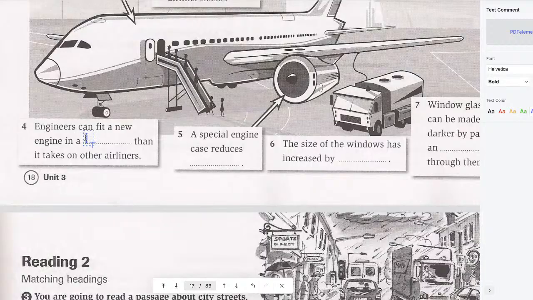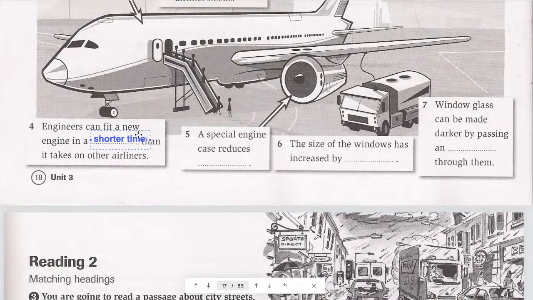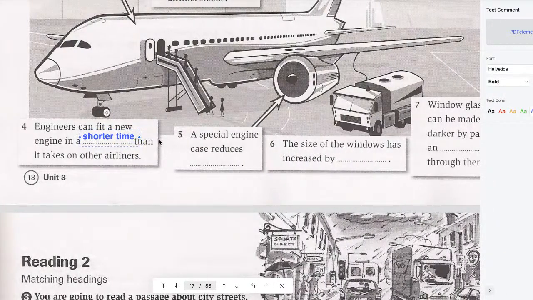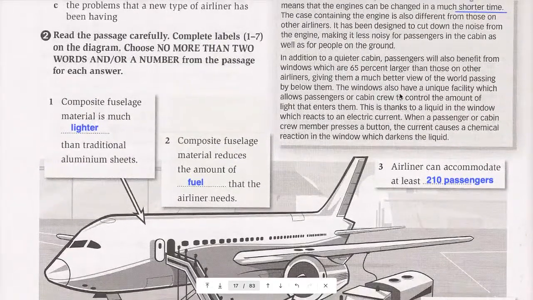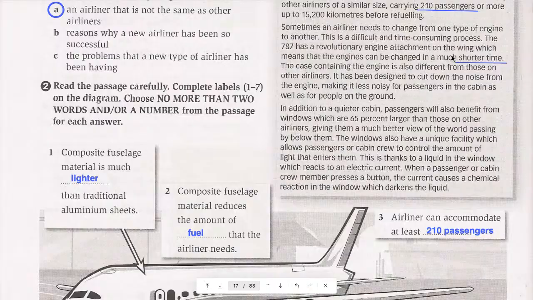Okay? Yeah, I know. Kind of similar meaning, but you are not allowed to do that. Then you might get 0 because of that. Okay? So engineers can fit a new engine in a shorter time than it takes on other airliners. So the answer here is shorter time. We read that on the wings, which means that the engines can be changed in a much shorter time. Okay?